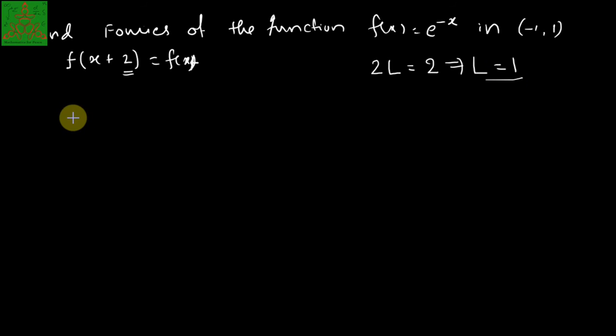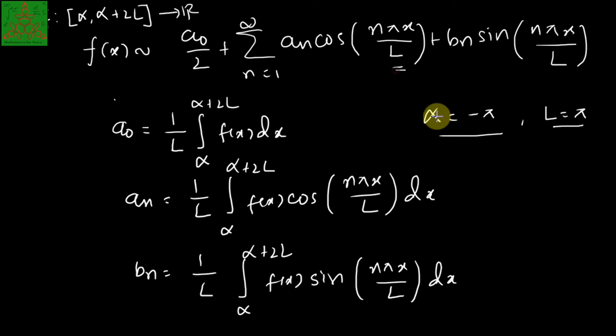We know that the Fourier series of this function, if l is 1, then alpha is minus 1 and l is 1.